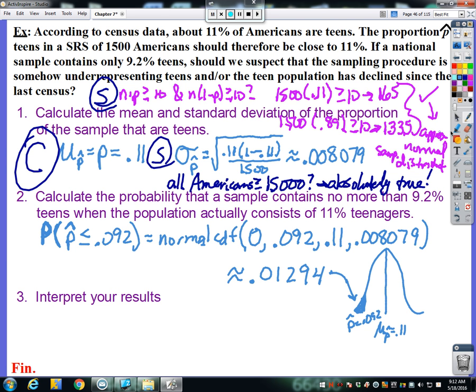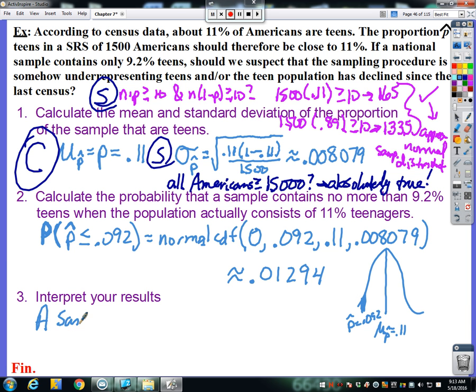Okay. So now to interpret our results, what does it mean that a sample of 9.2% happened when we should have expected 11%? Let's backtrack just a little here.